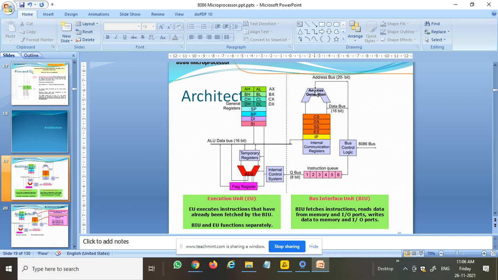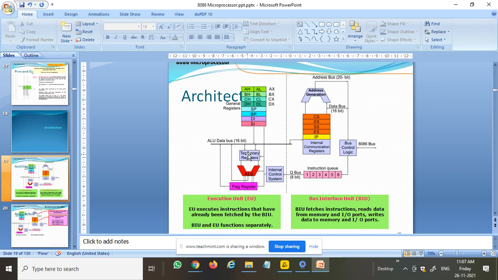This is the address generation block. In 8086, the address bus is 20-bit and the data bus is 16-bit.